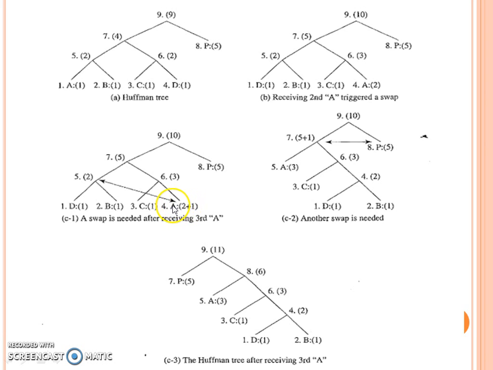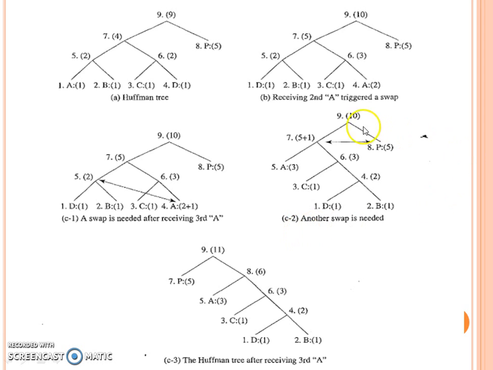Now the frequency of A, 2 plus 1, 3, is greater than the parent level node, that is the fifth node. So we have to swap A and the fifth node. But the fifth node is a non-leaf node.